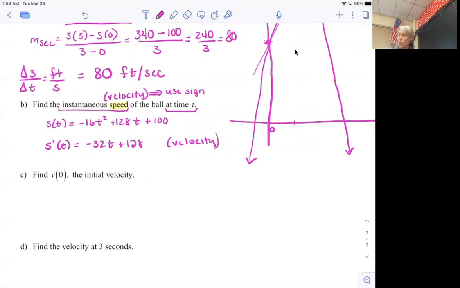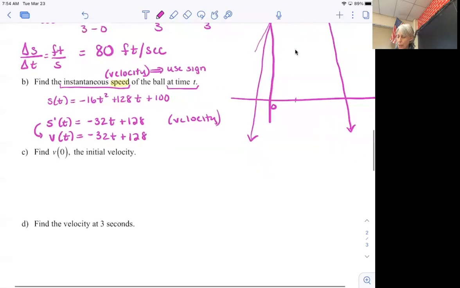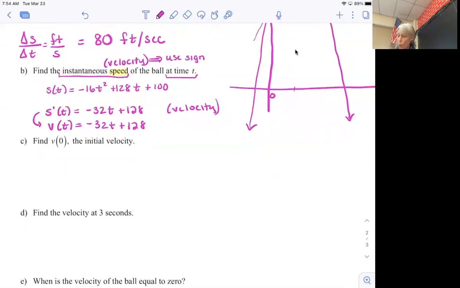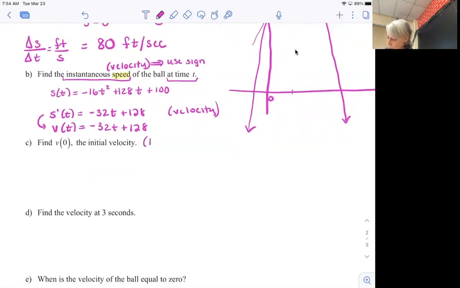So now you can represent it with S prime of t, or you can use V of t, whatever you want to do, but you have to know that once you find the derivative, you now have a function to give you how fast it's traveling at a specific value. Find V of 0, or in other words, the initial velocity, right? So basically this question is how fast is it changing, or how fast is position changing?